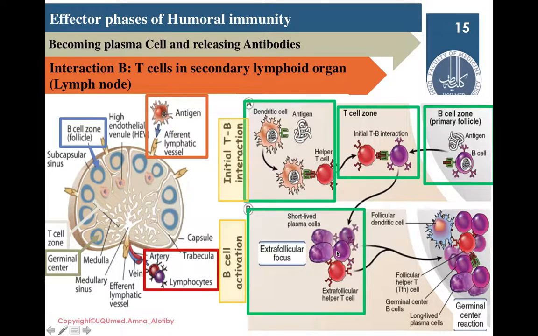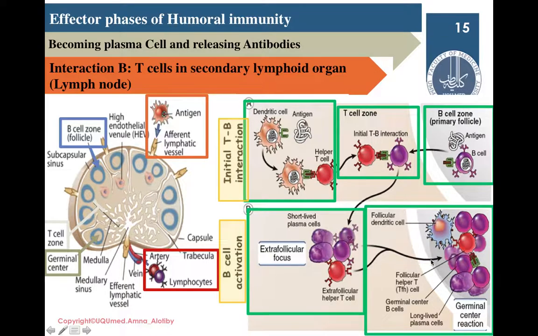The B cells will be activated and they will differentiate into plasma cells, and these plasma cells are short-lived plasma cells and they will start producing IgM. So the initial response to certain infections is IgM antibodies, and it takes place in the extrafollicular region. But it doesn't last very long.